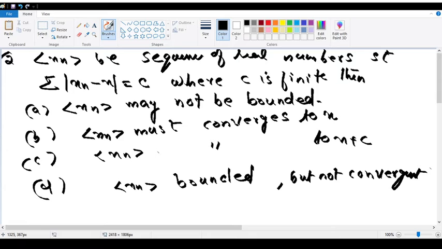Which option is true? Xn is a sequence of real numbers and summation mod xn minus x will be c, a finite value. What can you say about the given sequence?